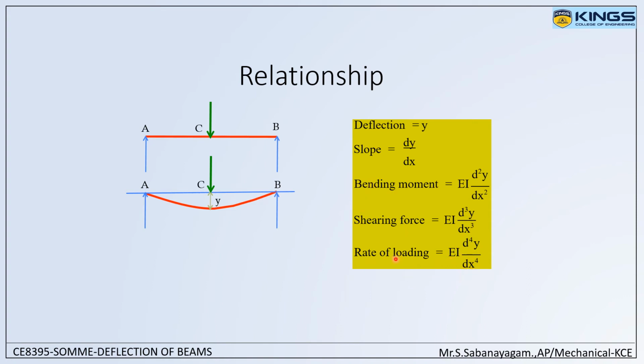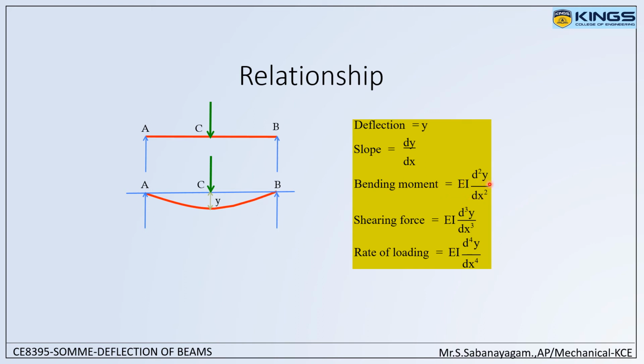So this is the relation between these parameters, that is applying the load the beam gets deflection, that is on plotting the graph in xy, the rate of change of deflection in terms of x distance, we will be getting slope, and from the slope the differentiation we will get EI d square y by dx square.